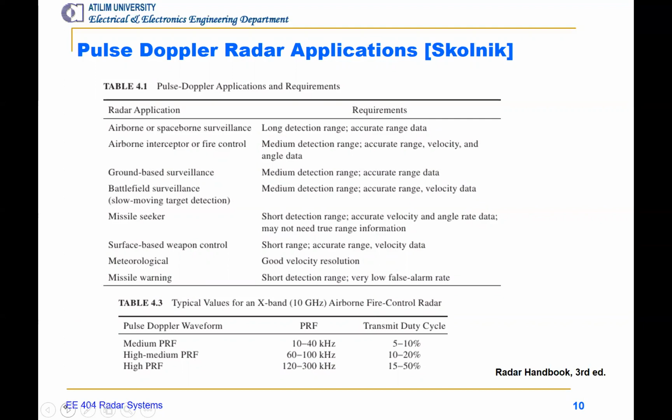Okay, this is a table, two tables actually, showing requirements and typical parameter range of pulse Doppler and MTI radars. It was taken from Radar Handbook by Skolnik again, third edition. And here in table 4.1, you can see some pulse Doppler applications and requirements. Here we see radar application, and on the right-hand side, we see requirements.